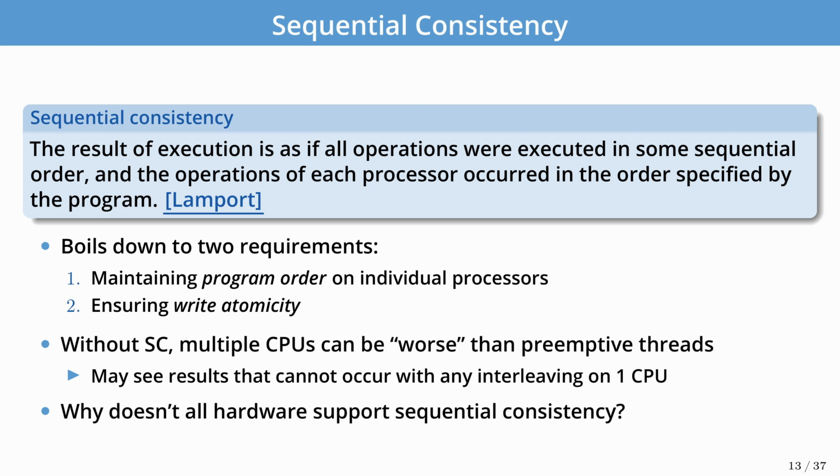So it means almost exactly what you assume your program is doing, that all of the operations occur in the order that you wrote them in the program, and that all writes are atomic from the perspective of other processors.